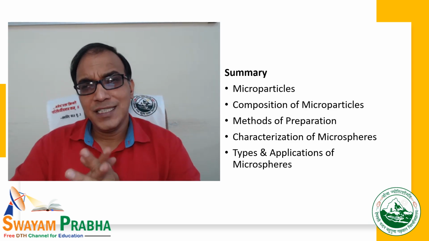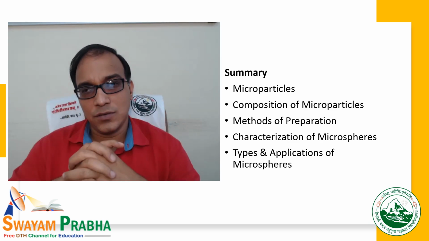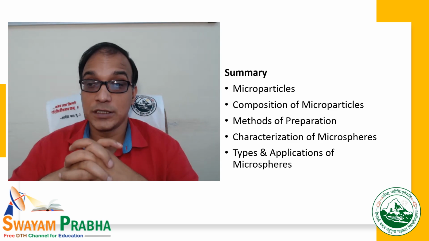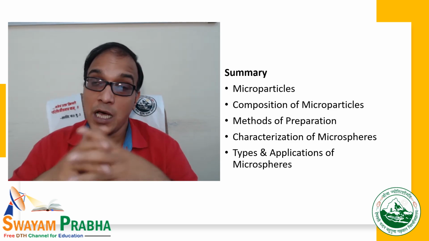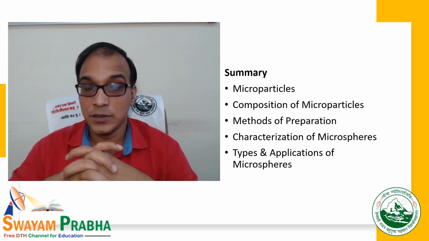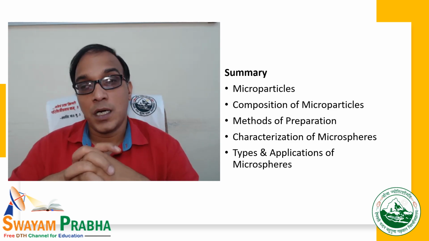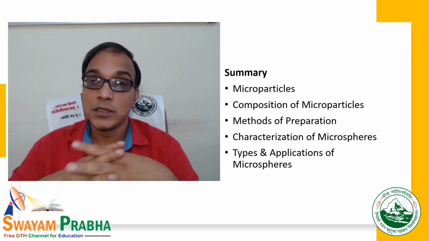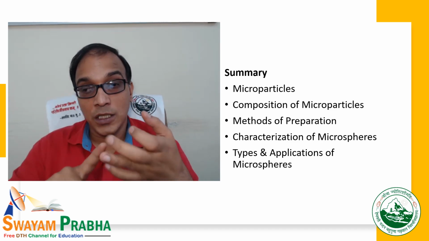Now let us summarize what we have learned so far in the microparticulate system. Microparticulates are free flowing particles ranging from 50 to 300 micron, and for developing the microparticle you need two major components, the drug and the polymer.